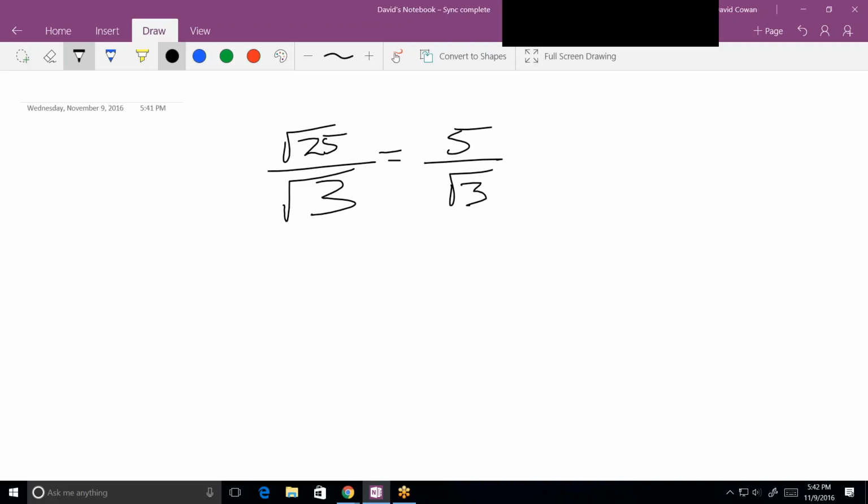I'm allowed to multiply any fraction by the number 1 without changing its value. And I can make that number 1 look like a lot of stuff. Well, in this case, my number 1 is going to be square root of 3 over square root of 3. That's the number 1. By multiplying this fraction by this, I transfer the irrational part to the numerator.